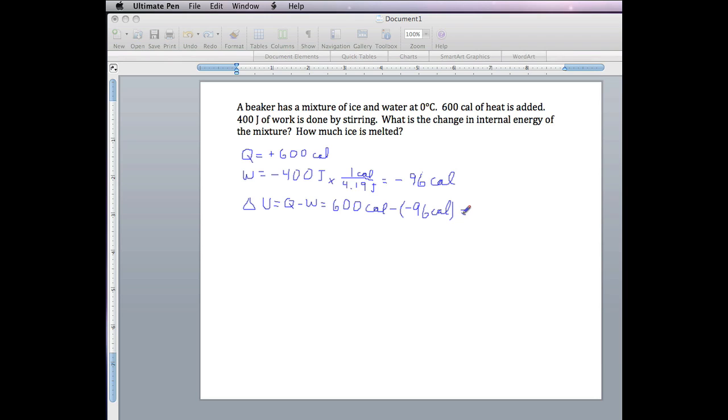When we subtract that negative, we'll get a total of 696 calories.